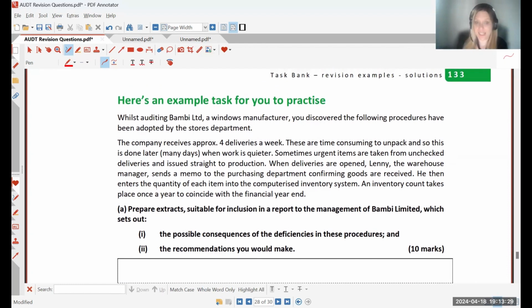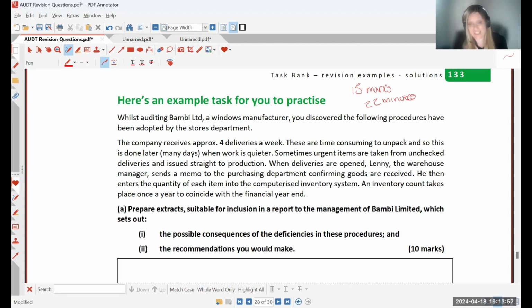So this task is worth 15 marks, which gives you around 22 minutes to complete it. This task covers your audit opinions, so you need to be really well-rounded on those. You need to be able to explain them, write about them, and also pinpoint which opinion needs to be used and when.